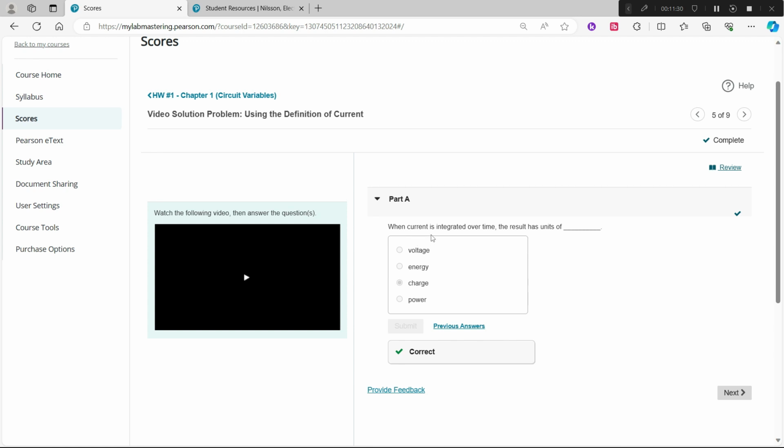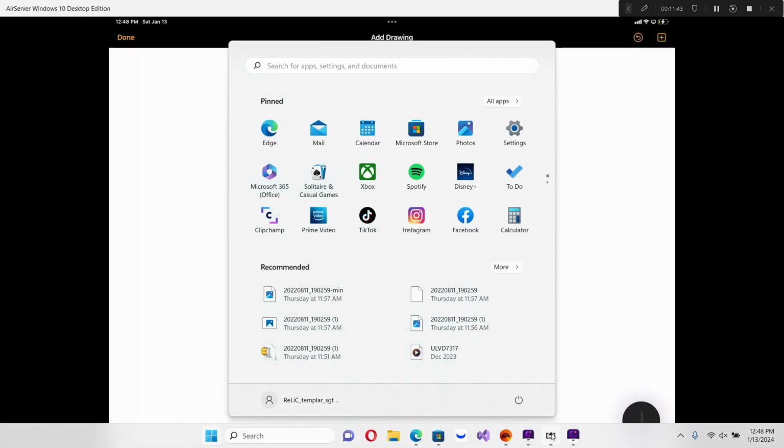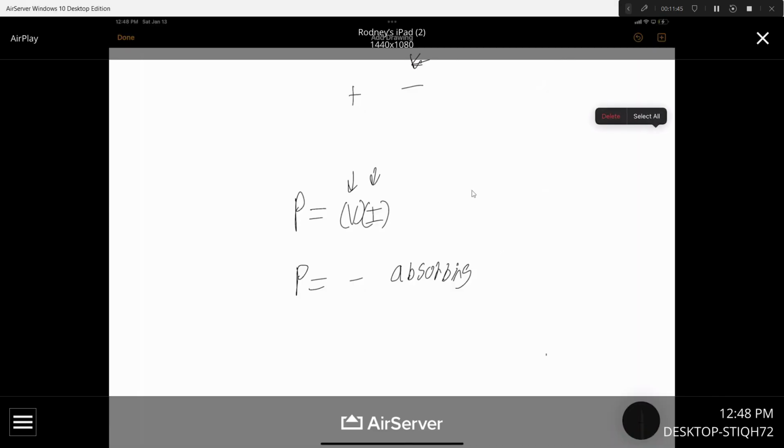Which quantity, when current is integrated over time, has units of charge? Let's go over that. This is what it means. Current as a function of time is equal to dq/dt.